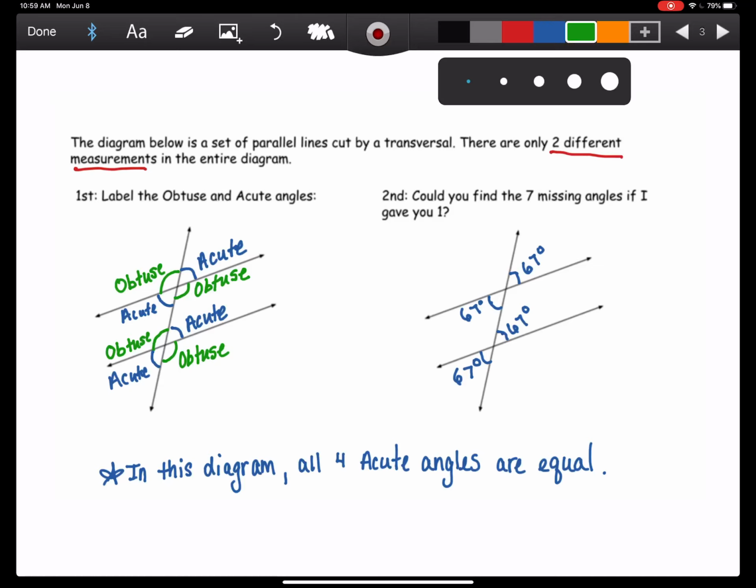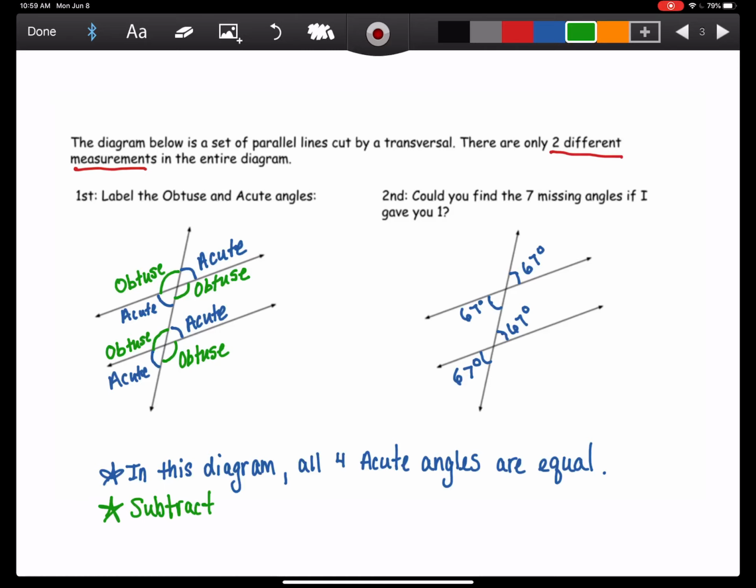Now, if I want to find what the other 4 angles are in a diagram like this, all I need to do is subtract from 180 degrees to find the other measurement.